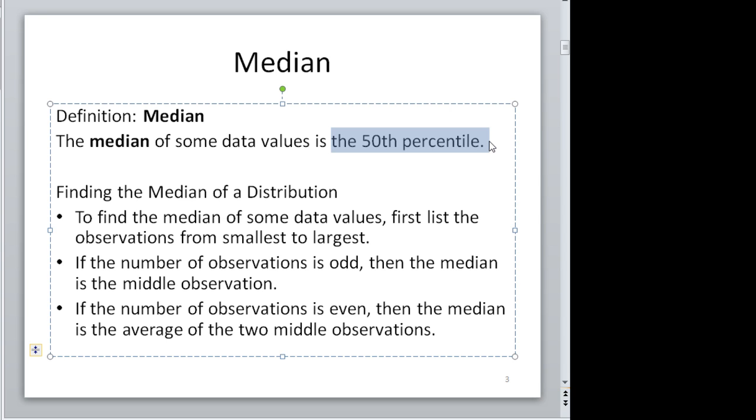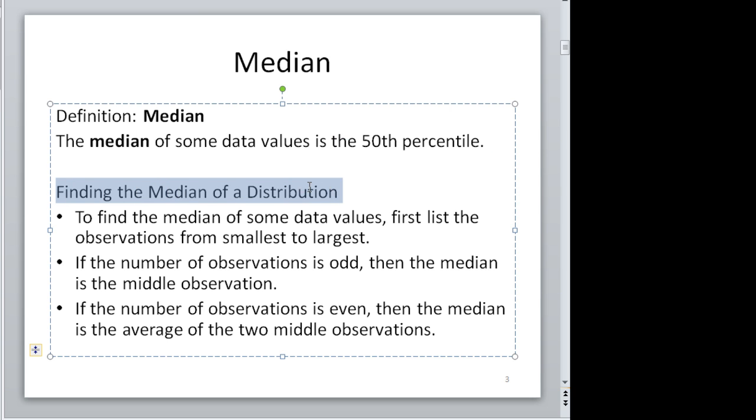That means you are right in the middle. So the median is the middle value. If you really think about it, that's not a bad number to represent the entire data set. If you want to represent 50 different numbers, you line them up from small to large, then you pick the middle number. That's how you find the median.